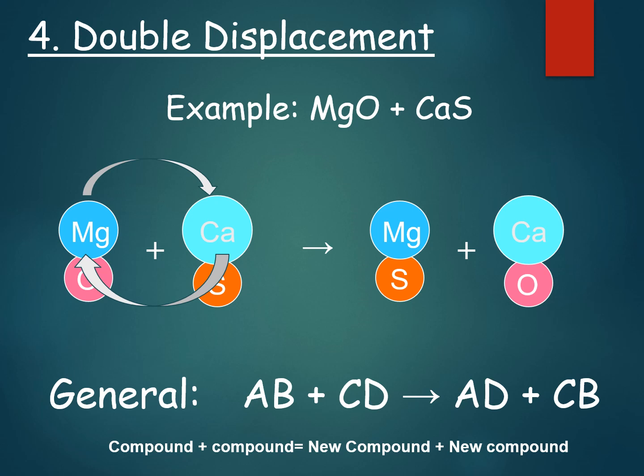So you have to have two compounds on both sides of the equation, where either the metals are switching places or the nonmetals are switching places. So let's pause and go into the practice section of our packet and try to classify those reactions as either single replacement, double replacement, synthesis, or decomposition.